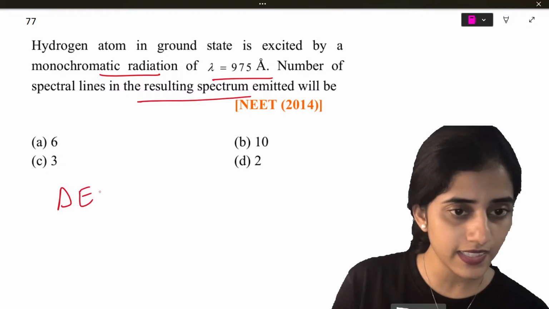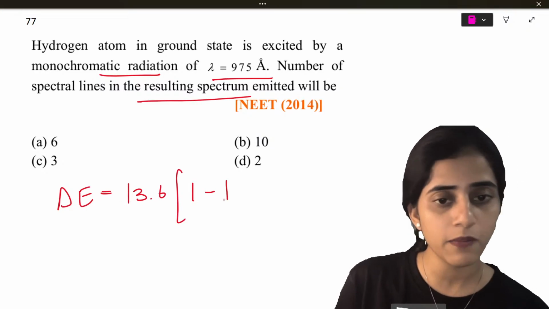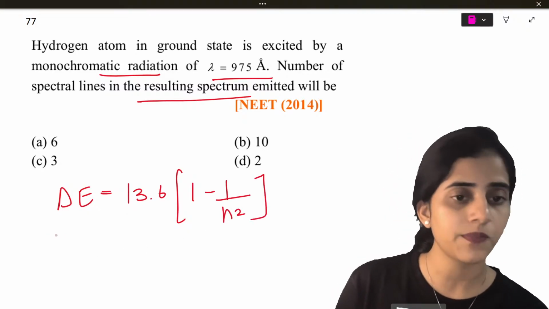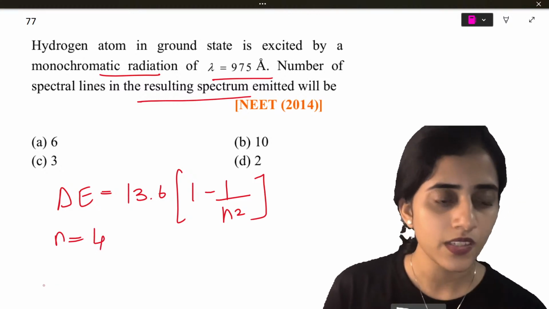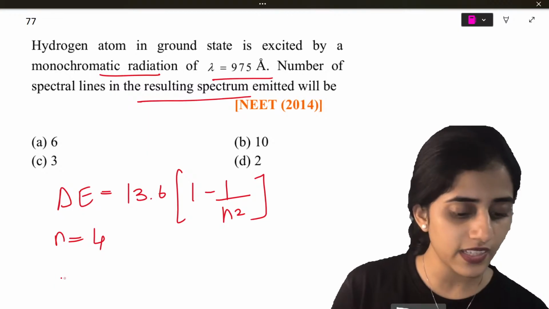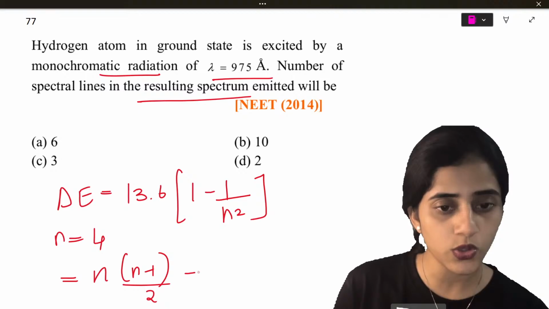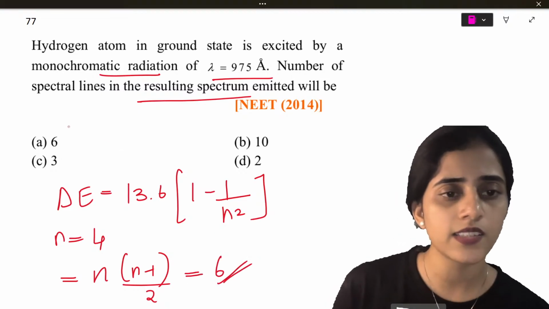So delta E is equal to 13.6 times 1 by 1 minus 1 by n square. So n is equal to 4. It's given to you in the question. So what will we do? The number of lines will be n into n minus 1 by 2, which is 6. Simple.